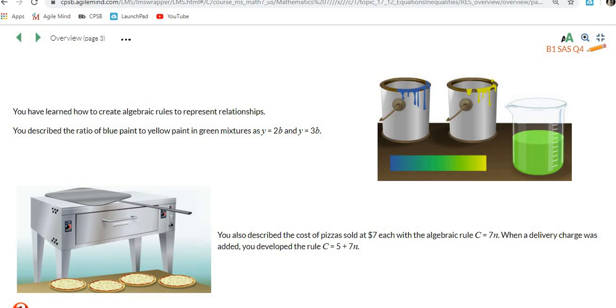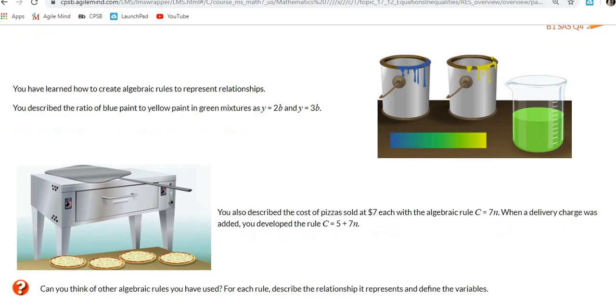We also looked at selling pizza, and we looked at the difference in delivering pizza and not delivering pizza. And we had 2 equations, c equals 7n, and c equals 5 plus 7n. How much was each pizza? $7.